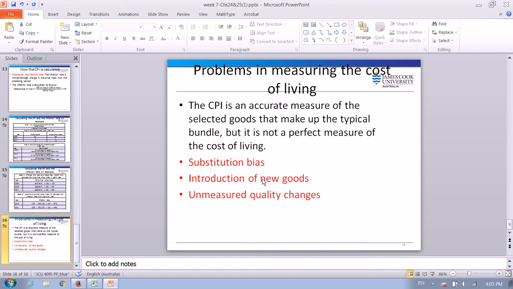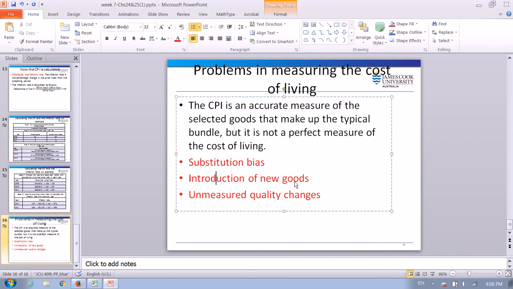Suppose this basket has bananas and apples. If the apple price increases, consumers will respond by substituting away from apples to bananas, since bananas become relatively cheaper. So consumers buy less apples and buy more bananas. And this is not captured by the CPI calculation because the basket is fixed.